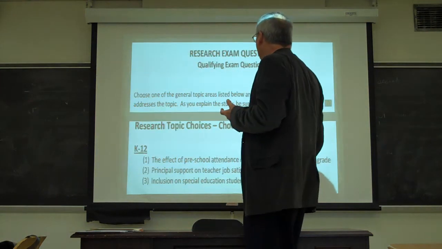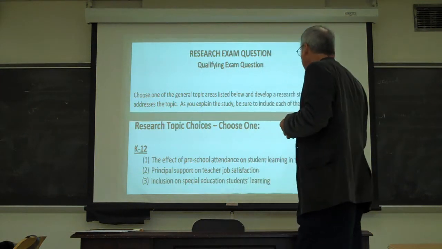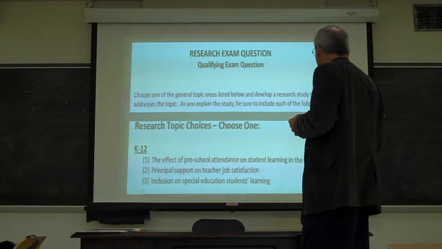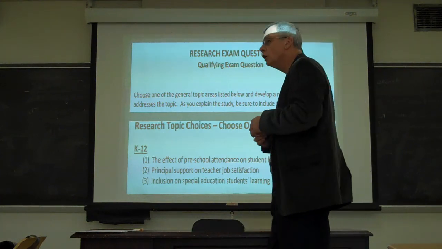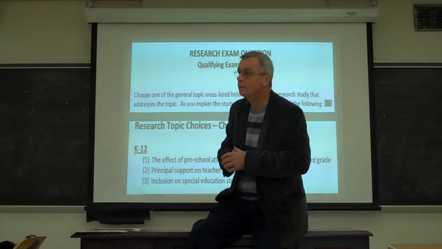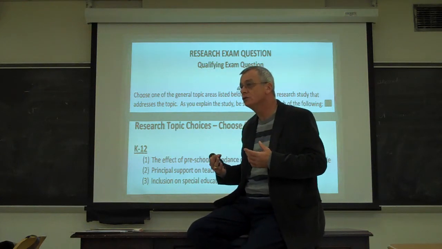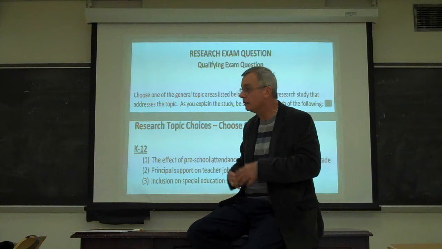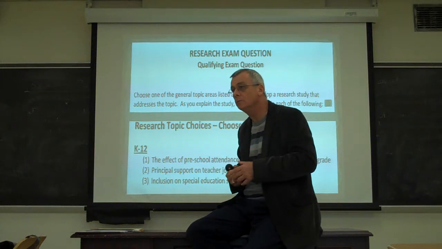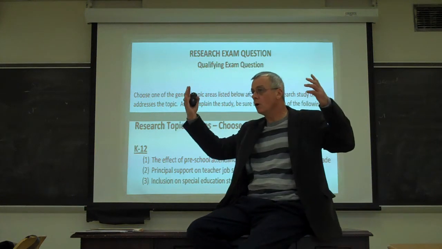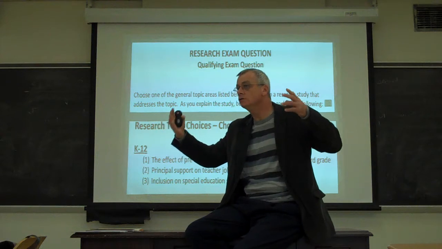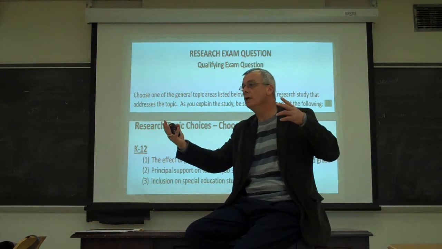So if we go back to our prompts, the effect of preschool attendance on student learning in the 3rd grade, the broader problem there is that 3rd grade is kind of the make or break year as far as students are concerned in reading. It's kind of the driving force originally from NCLB. So the greater problem: are we getting all of our students reader ready and school ready by the time they're in 3rd grade?